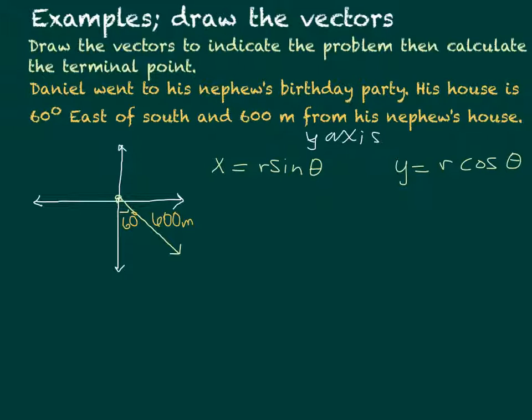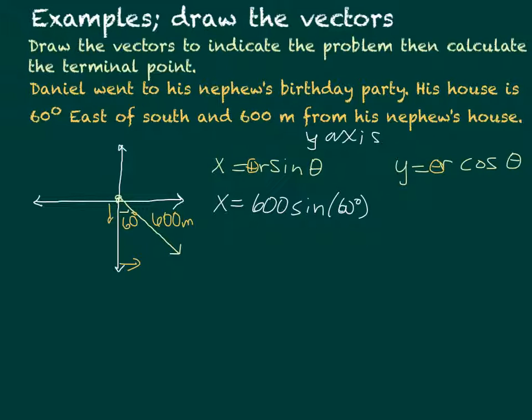Okay, so my x is going to go towards the positive, my y is still going down towards the negative. So that means my x is going to be a positive radius, and my y is going to be a negative radius. Okay, so then if I put in what I know, x equals positive, my radius is 600, so 600 times the sine of 60 degrees.